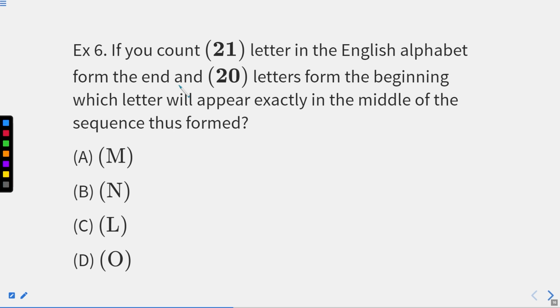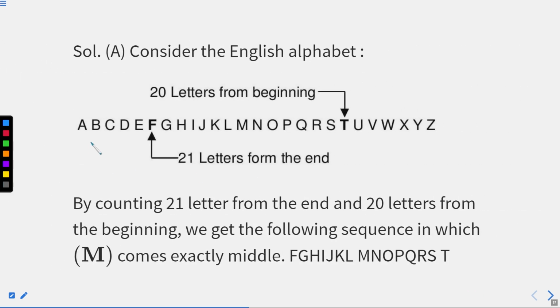In the second situation, 20 letters from the beginning: if we start from A and move 20 steps ahead, we get the 20th letter. So if we calculate both letters, how does it look? If we start from Z and go up to the 21st letter, it will be F.